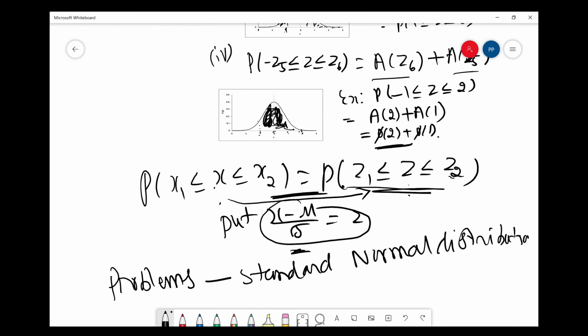In the next video, I'll teach you how to use the table and how to evaluate the problems. In the next two videos, we work out all kinds of problems so that we learn how to evaluate the probability over a normal variable x by making use of the substitution and converting it into the probability over the standard variable z and making use of the standard normal distribution table.